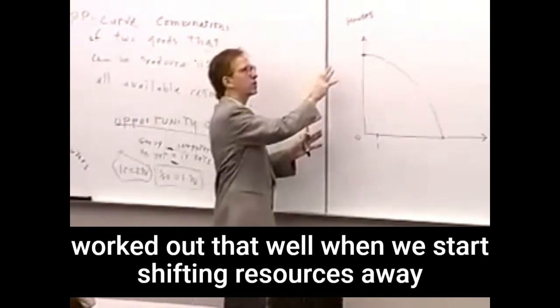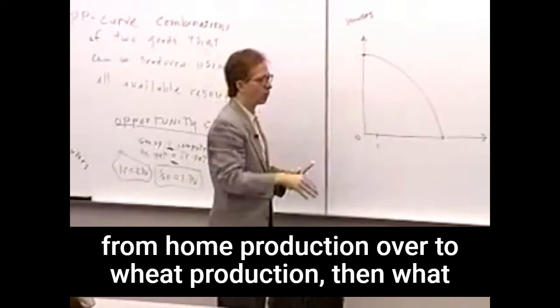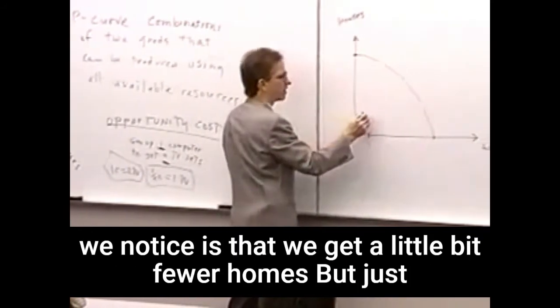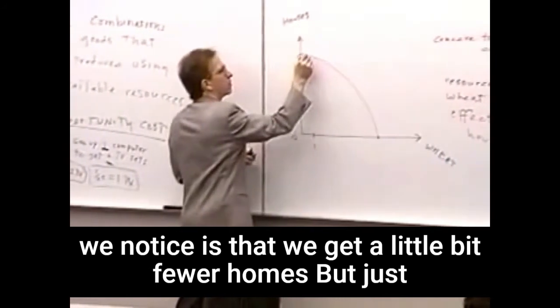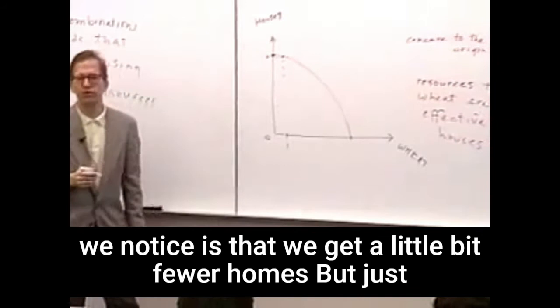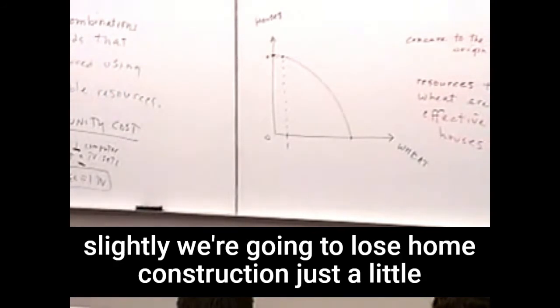When we start shifting resources away from home production over to wheat production, then what we notice is that we get a little bit fewer homes, but just slightly.